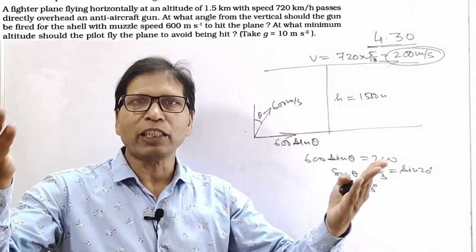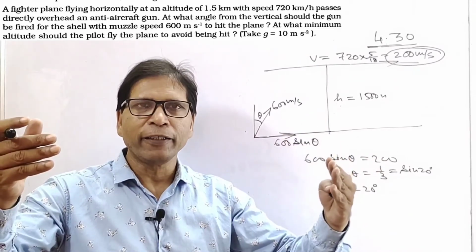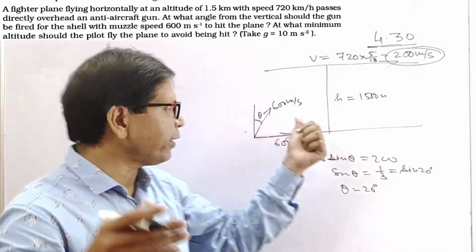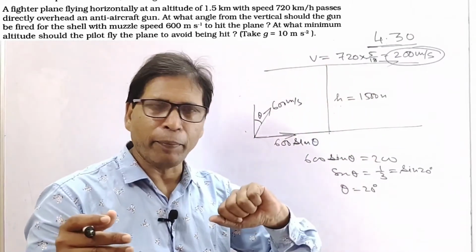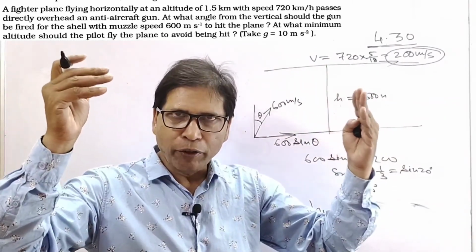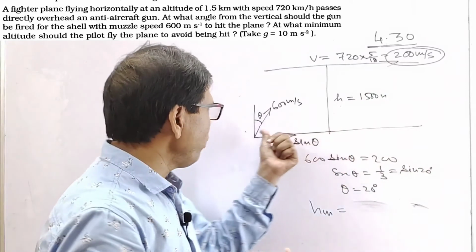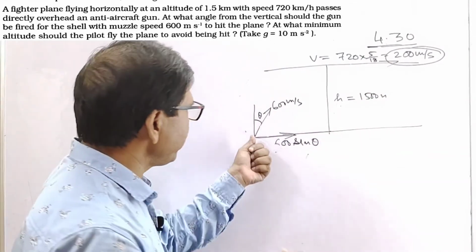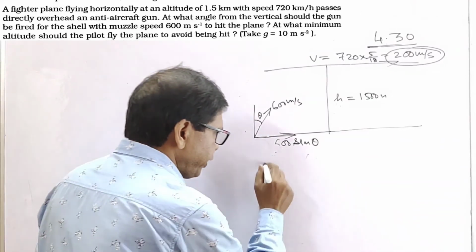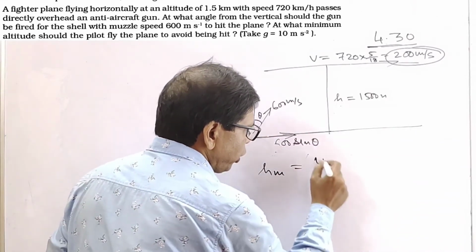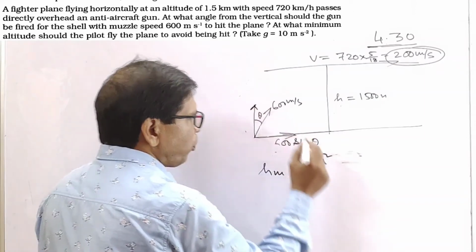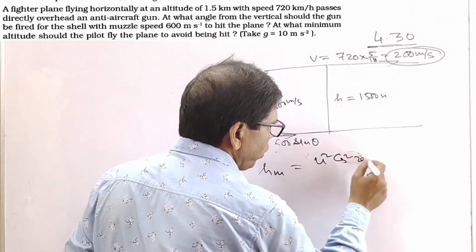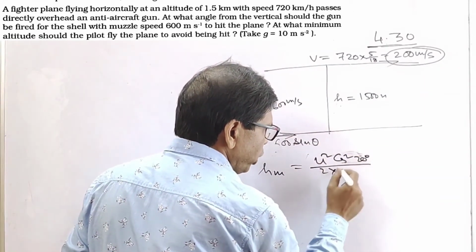Now what is the minimum height of the fighter plane such that the bullet can't hit the fighter plane? Now the minimum height of the fighter plane is equal to the maximum height ascended by the bullet. Now the maximum height ascended by the bullet, this is hm, so this is u square, this is the cos component, so this is cos square 20 degree divided by 2 into 10.